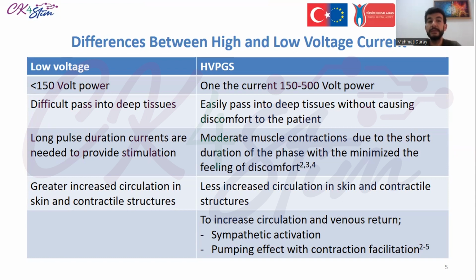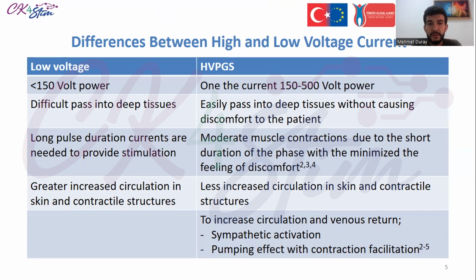Low voltage currents pass into deep tissues with difficulty, but high voltage currents pass easily without causing discomfort to the patient. In low voltage currents, long pulse durations are needed to provide stimulation, but in high voltage currents, moderate muscle contractions occur due to the short duration of the phase, which minimizes the feeling of discomfort.